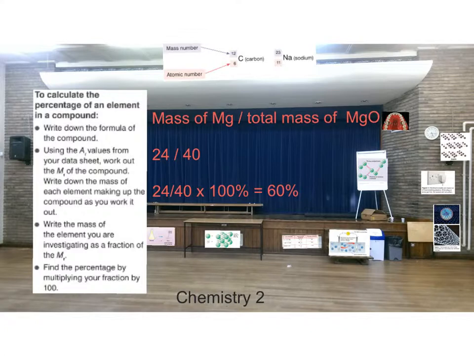The fraction of magnesium in the magnesium oxide is the mass of magnesium divided by the total mass of the compound, magnesium oxide. This is 24 divided by 40. So the percentage of magnesium in the compound is 24 divided by 40 multiplied by 100, which gives you 60%.